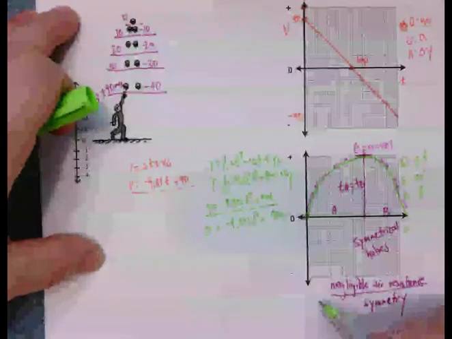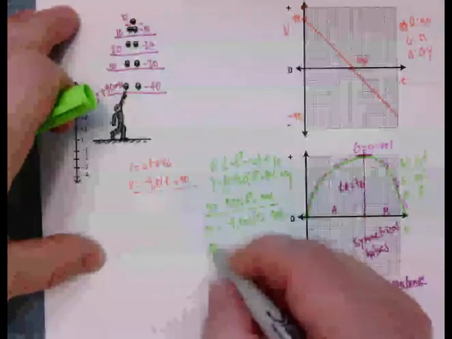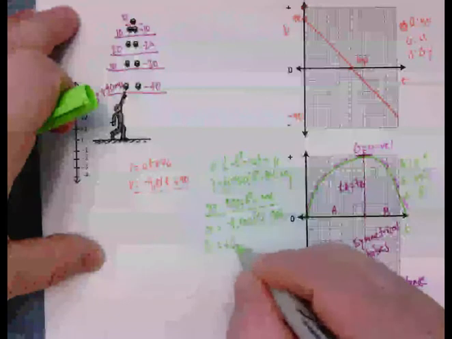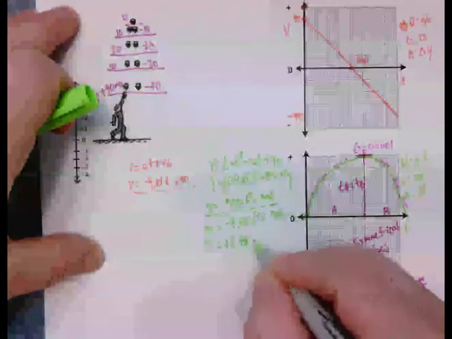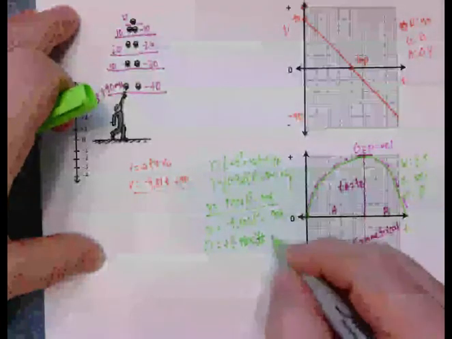Now in this particular case of it being 0, we could factor a t. So 0 equals t times negative 4.905 t plus 40.